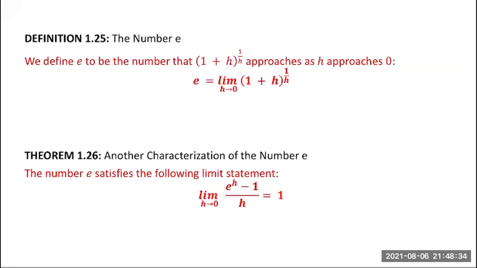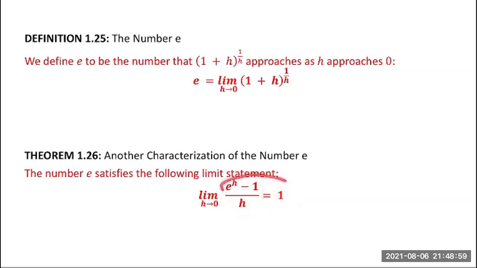We will be talking about the importance of the number e later. And then we have this theorem 1.26, another characterization of the number e. The number e satisfies the following limit statement: the limit as h goes to 0 of e to the power h minus 1 divided by h is equal to 1.